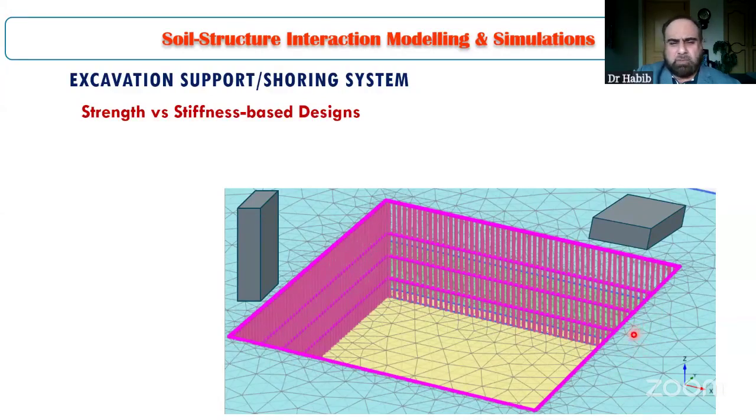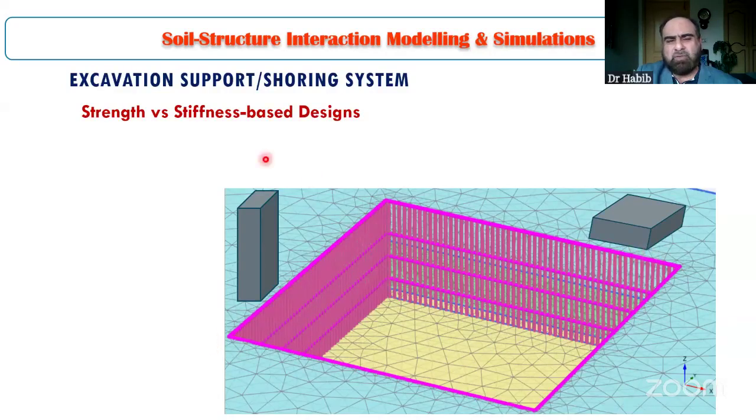Like for this example, for instance, we can see on two sides we have building structures where our requirement will be to design a system which should not move at all, or it should not cause any displacement underneath the existing structures that could be detrimental for the safety and the structural integrity of these structures. But on the other two sides, we are relaxed. So we should not be worried about the total displacements, because we will have a liberty to design a light system on these two sides, and we can have a heavier system on these two sides.